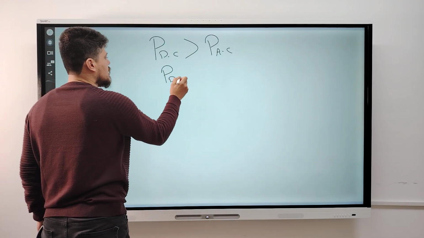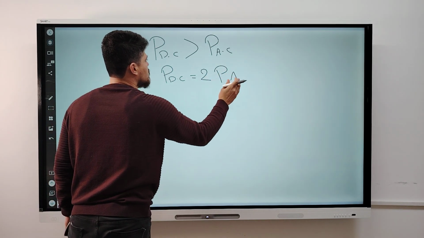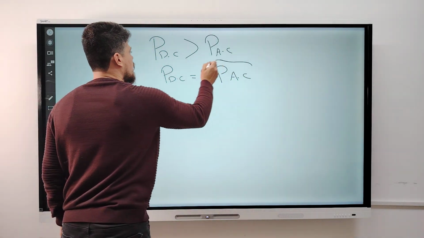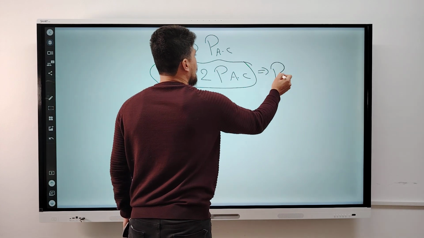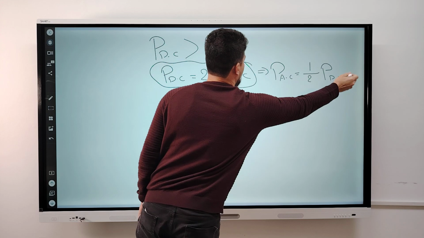Power in DC is twice as much as the power in AC, and you can say power in AC is half of power in DC.